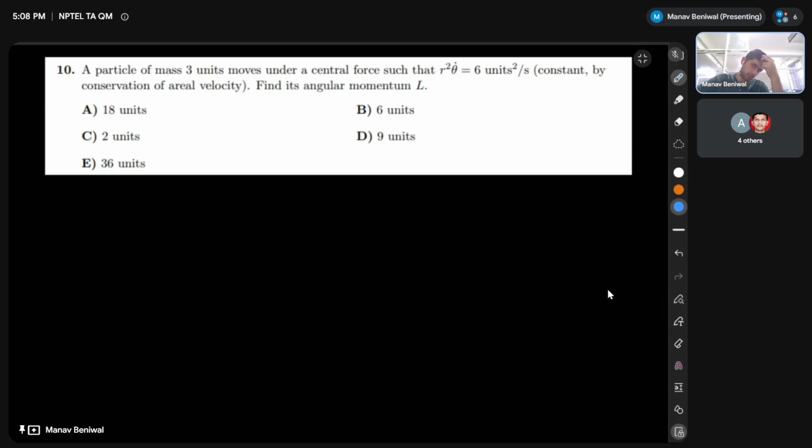So it's kind of an application of Kepler's law, right? This is what we call Kepler's law. So conservation of aerial velocity means, so my dA over dt, this is my aerial velocity, that is L over 2m, which is half r squared theta dot.